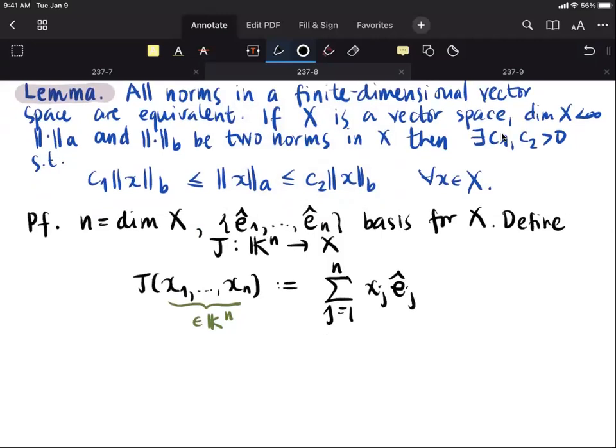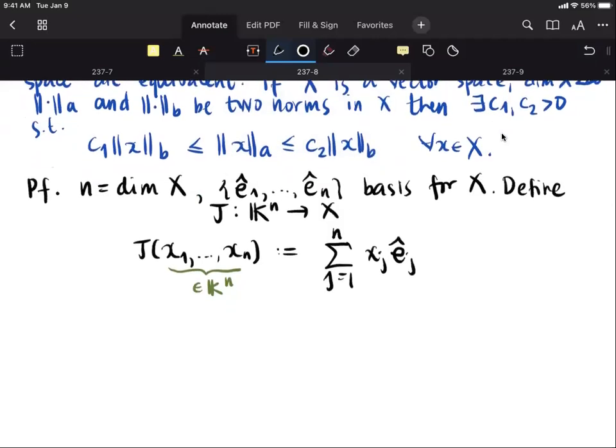And this is clearly an element of X. Then, one thing for sure, J is bijective. Well, it is one-to-one due to the independence of your basis, and it is onto due to the fact that the basis spans your vector space.